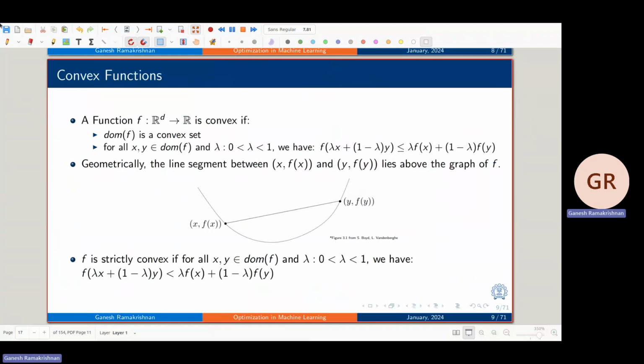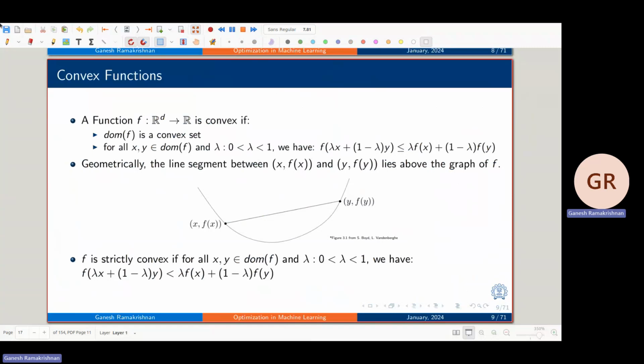f of lambda x plus 1 minus lambda y, it's just f evaluated at the lambda x plus 1 minus lambda y.